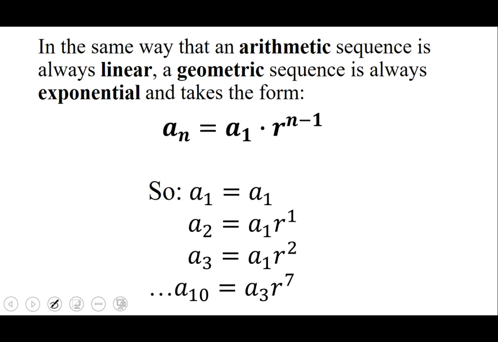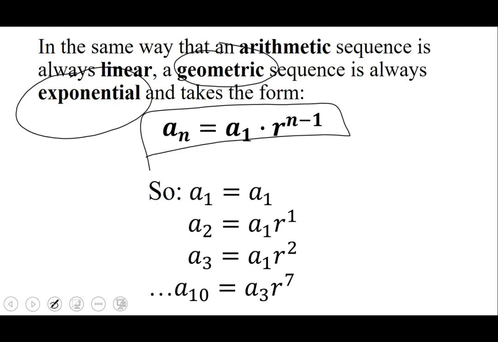So in the same way that an arithmetic sequence is always linear, a geometric sequence is always going to be exponential. The form that we are most commonly going to use is a sub n equals the first term times the common ratio raised to the n-1 power. So a couple of examples down here of that formula in action. Basically, the first term would be equal to the first term because there are no common ratios between them.